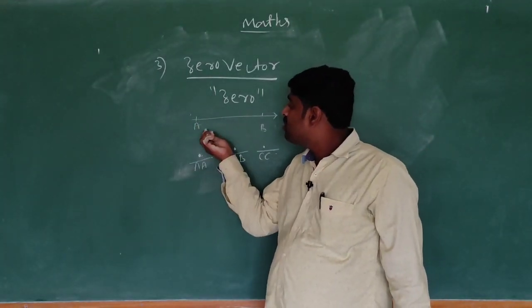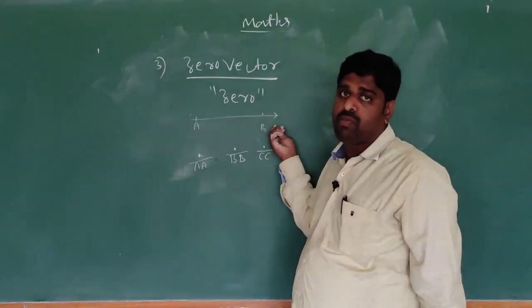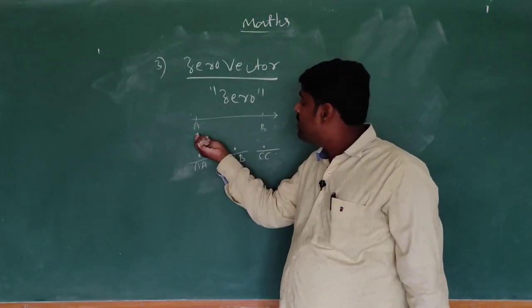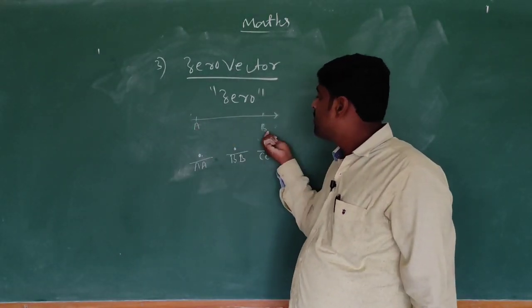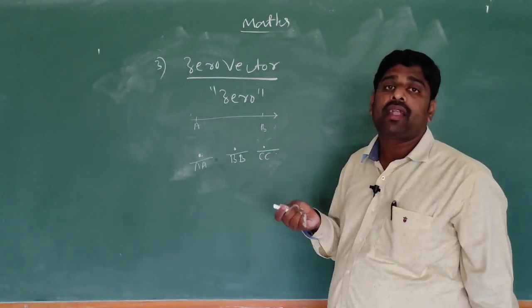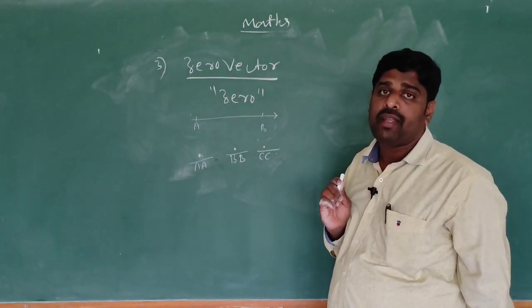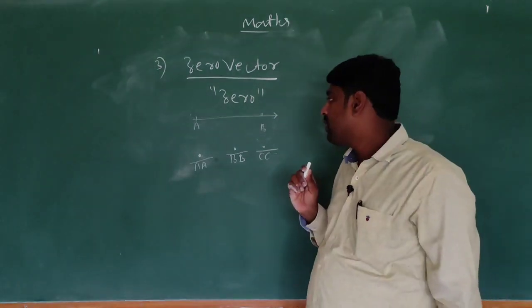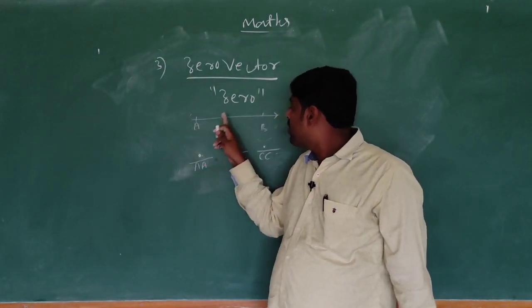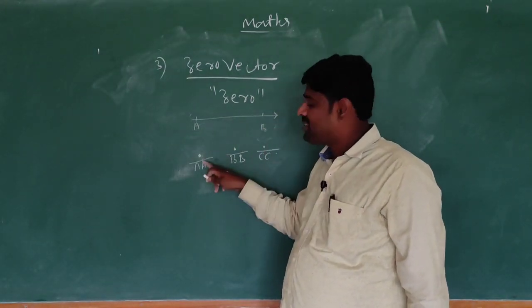This is the initial point, this is the terminal point. The distance between the initial point and terminal point is called the magnitude of the vector.